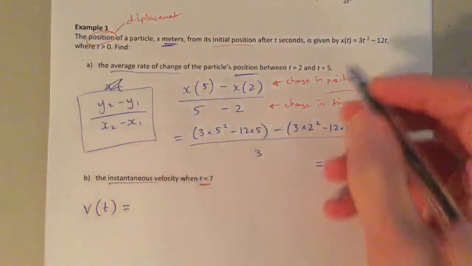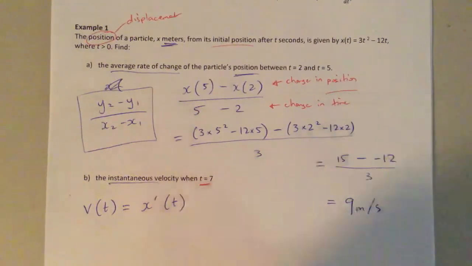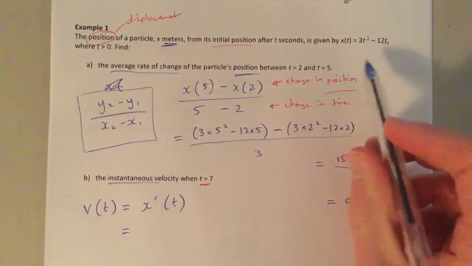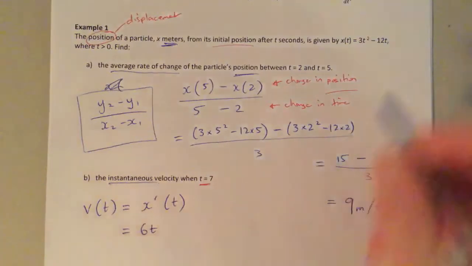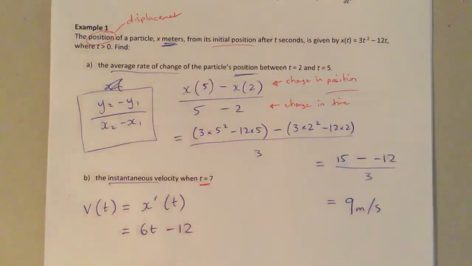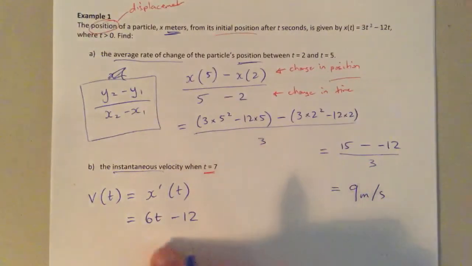So if displacement was x of t, velocity will be x dash of t. Okay? And that will be, well, 3t squared, so that differentiated would give you 6t. And then negative 12t is going to just become negative 12. There's our rule for the velocity at any particular time.